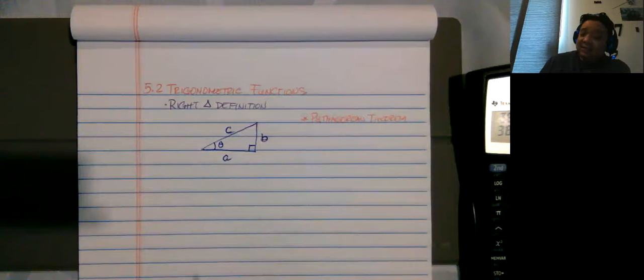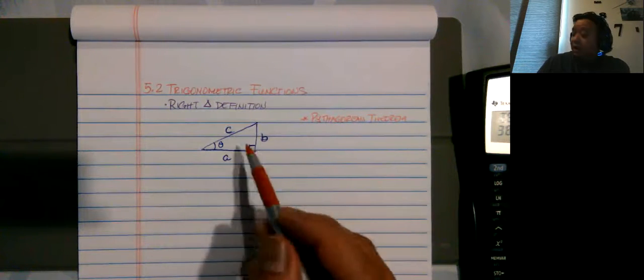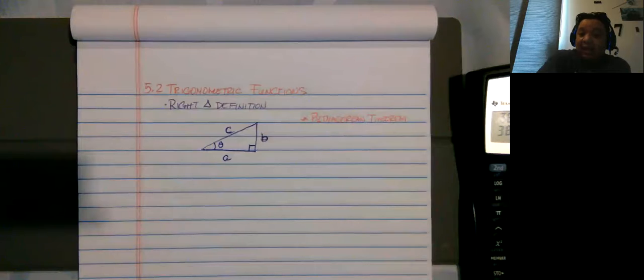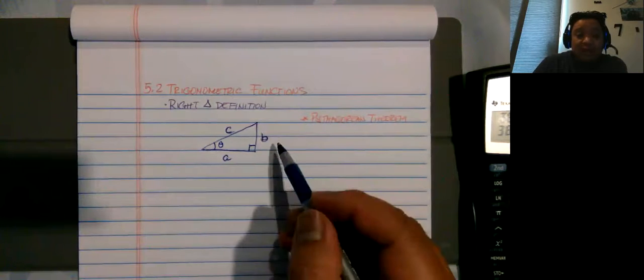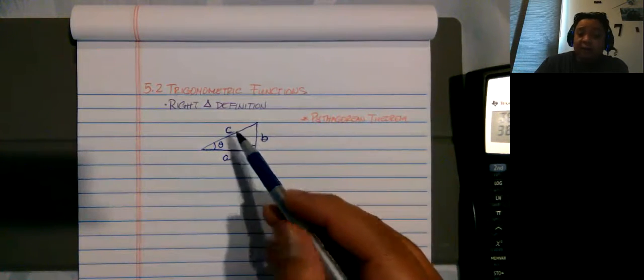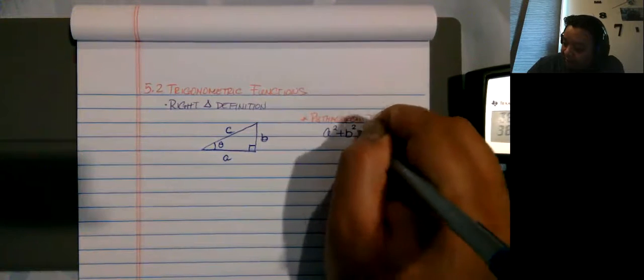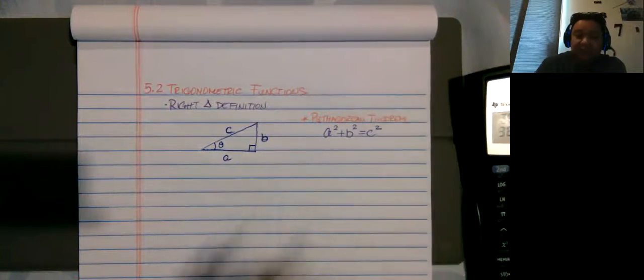That basically gives you a relationship between the sides of a right triangle. Namely, the square of the two legs added together should equal the square of your hypotenuse. So, a squared plus b squared equals c squared.